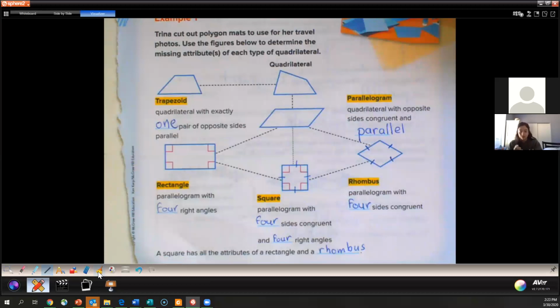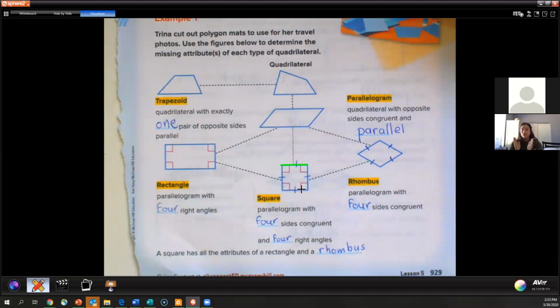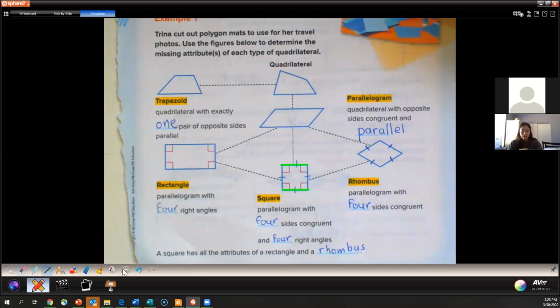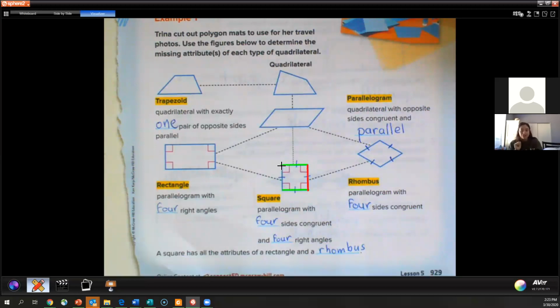So, boys and girls, this would mean that it does have two sets of opposite sides that are going to be parallel as well, which means that the two pairs of opposite sides, just like Mr. Yates is highlighting for us right now, will never intersect with one another. It's just like two lanes on a road or on a highway. You don't need cars crashing on the highway. So therefore, those two pairs of opposite sides are going to be parallel.